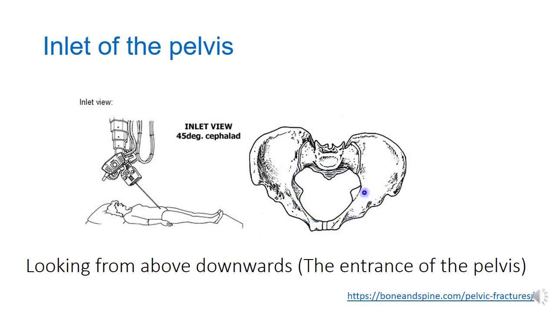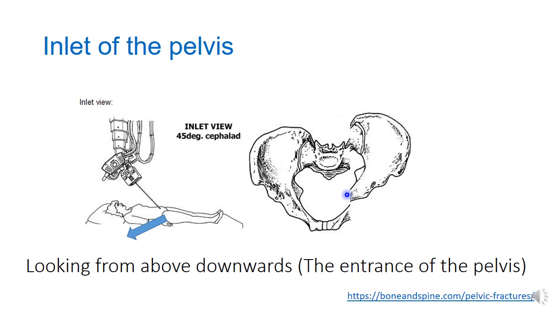In this view, we can know if the pelvis after fracture is displaced in the posterior direction. Usually the pelvis will displace in a posterior superior direction. So we need this view to know the amount of the posterior displacement. So the inlet view will show us the posterior to anterior direction of displacement.